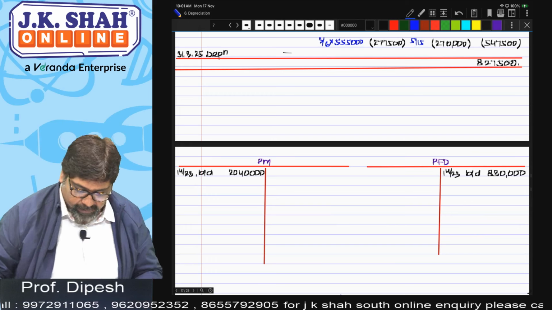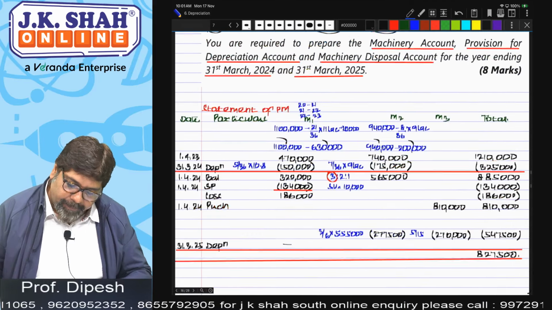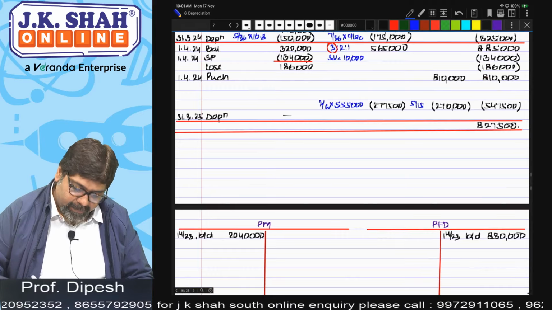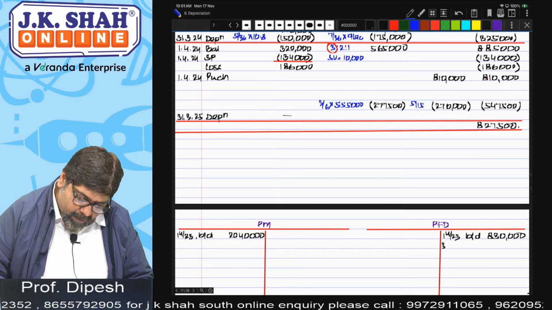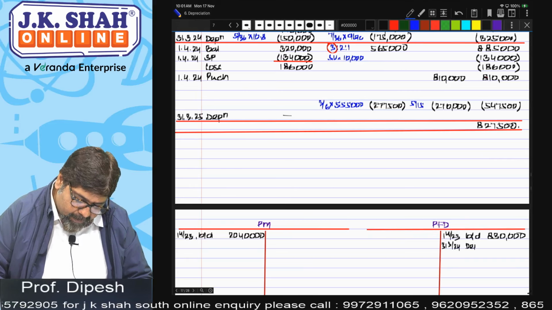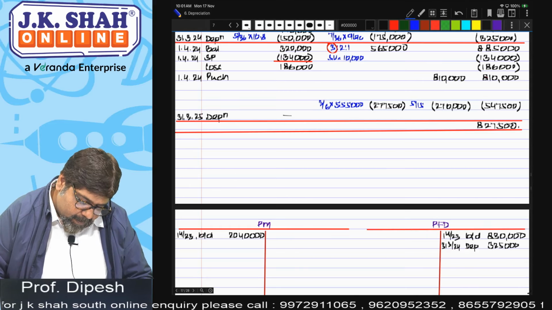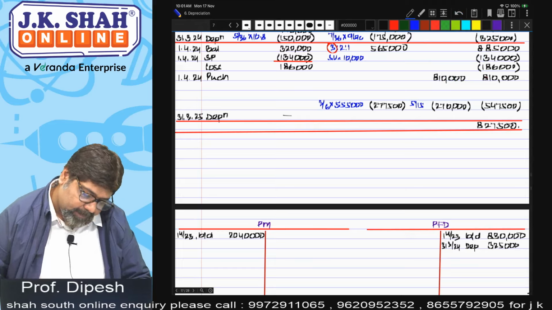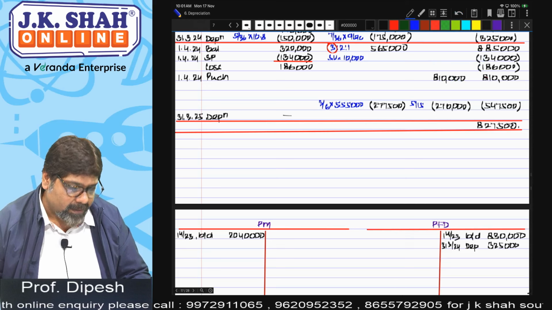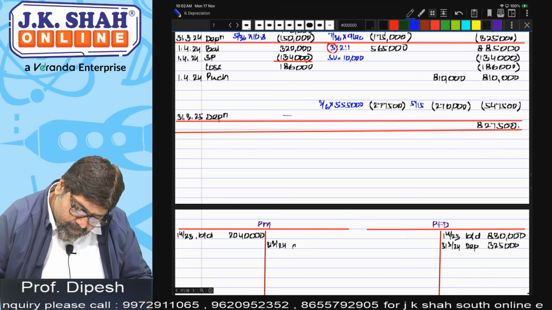Now chartered. So we are done with opening balance. Then we are supposed to charge depreciation 325 on 31st of March 24. Correct? Yes. Now chartered, year has ended, 31st of March 24.